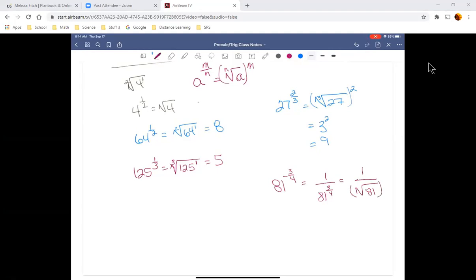We have to take the whole thing to the 3rd power, and we have to do the 4th root. Anybody know what the 4th root of 81 is? It's a little bit bigger than 2, but less than 4. So 3. And then we still have our 3rd power. So that's going to give us 1 over 27.